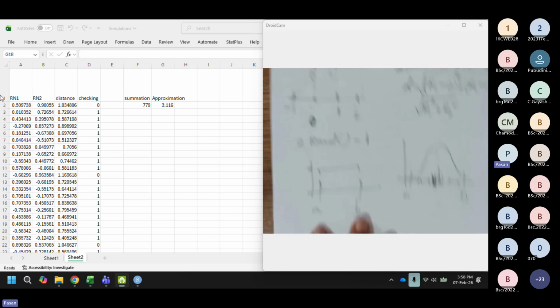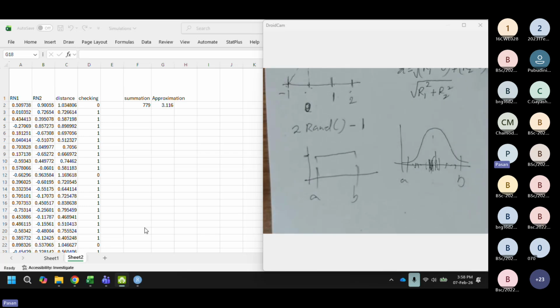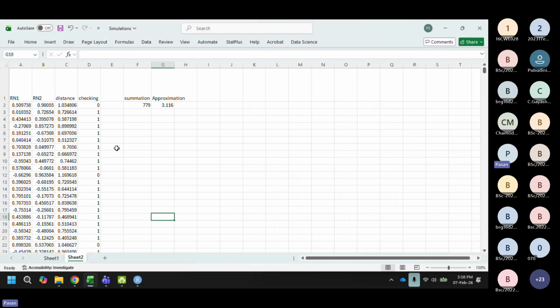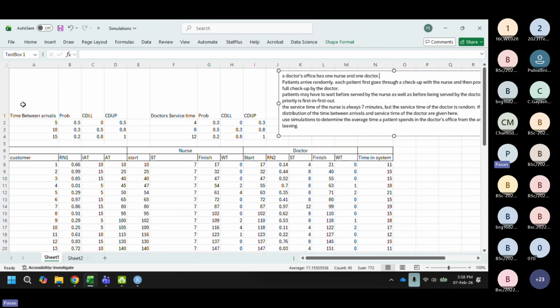And today I'm planning to go through this particular calculation here, right? So that is applying our simulation concepts.